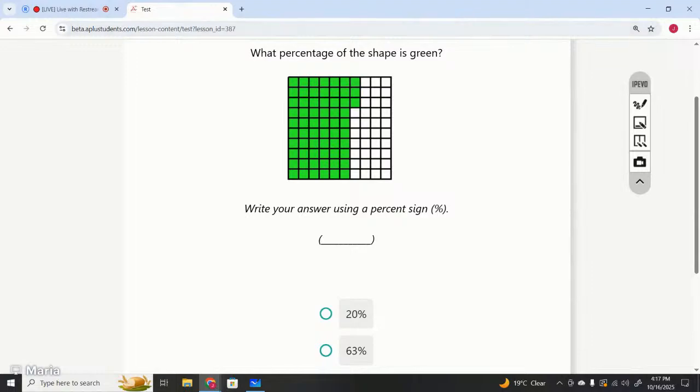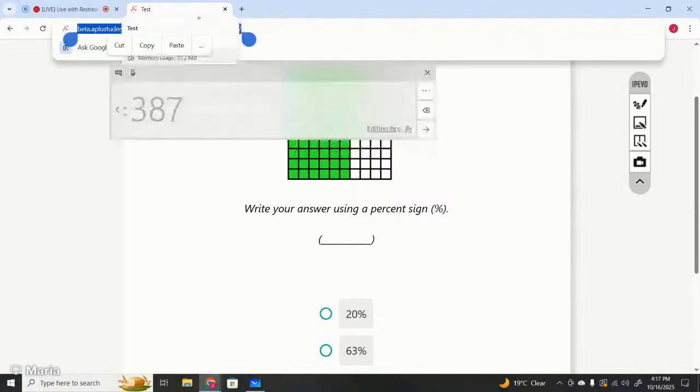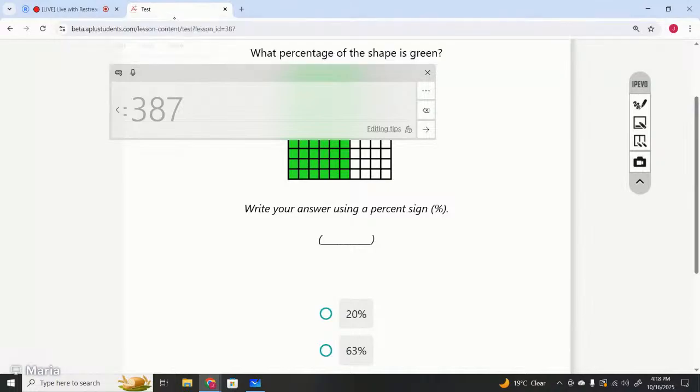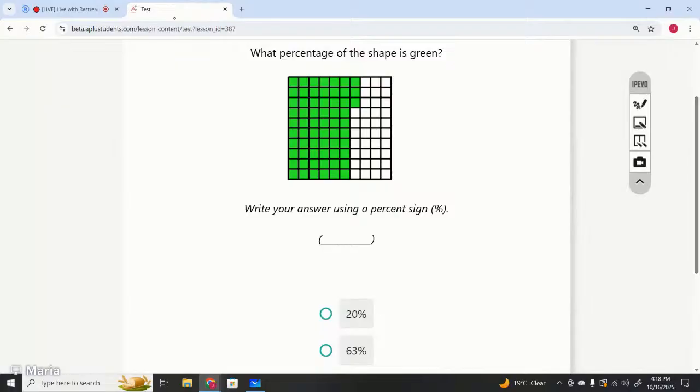What percentage of the shape? That is 63%. Option number 2 is the correct option.